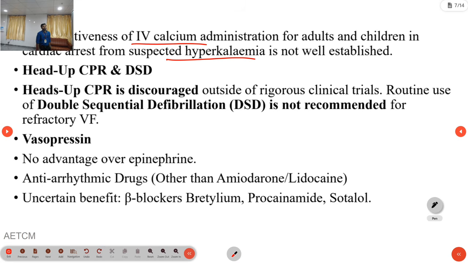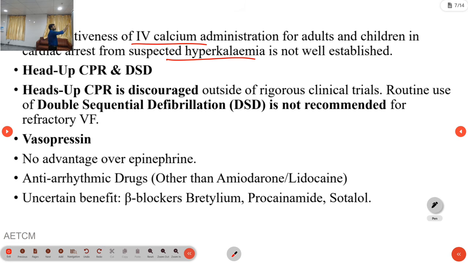But a lot of studies have shown that the effectiveness of IV calcium administration is not well established in hyperkalemic cardiac arrest. So if it is a shockable rhythm, you perform defibrillation and go ahead with the usage of drugs. Even IV calcium can be given, but it is not that well established.